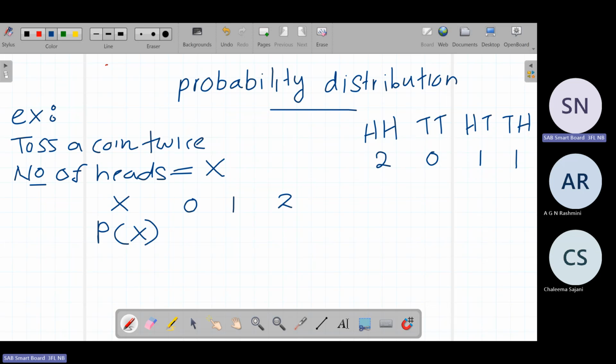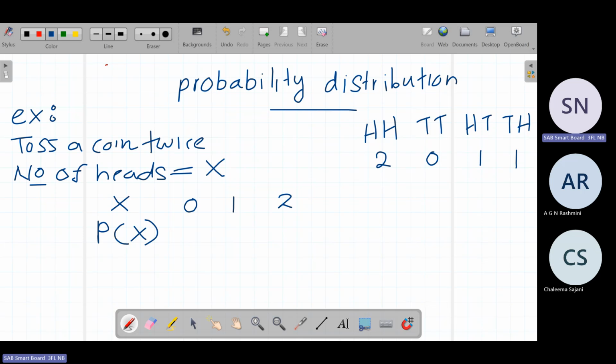Understood? Then we find the probability. In the first step, we identify the random experiment, then we define the random variable, then we assign the numerical values to the random variable. Step 3 is now finished. The fourth step: we find the probability for the corresponding x values. The first value is x equal to 0.